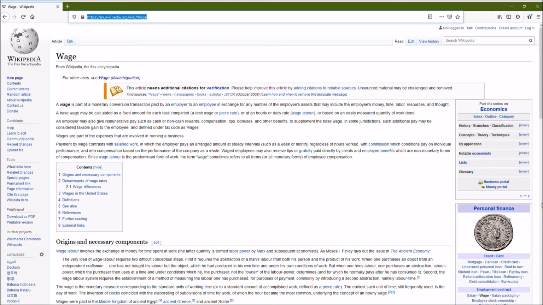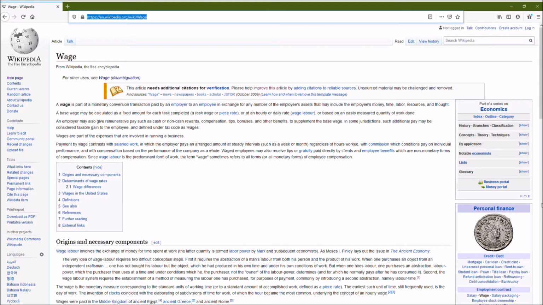An employer may also give remunerative pay such as cash or non-cash rewards, compensation, tips, bonuses, and other benefits to supplement the base wage. In some jurisdictions, such additional pay may be considered taxable gain to the employee and defined under tax code as wages.